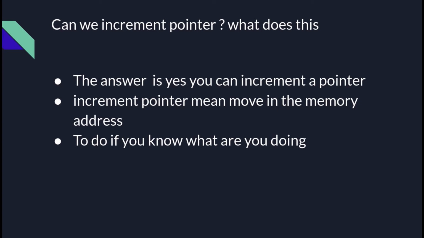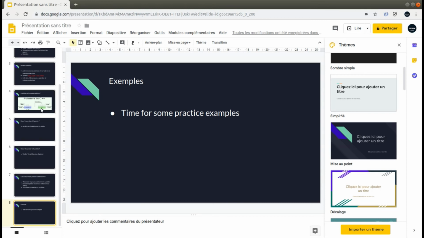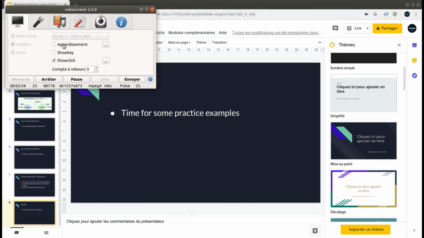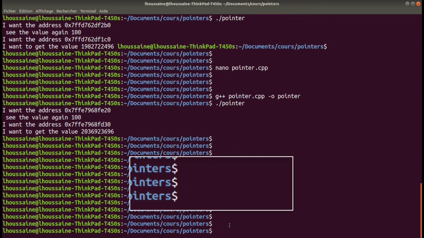So now it's time to show you a practice example. I prepared here an example to answer the questions. I created a pointer.cpp, the minimal program that you can use to test pointers.